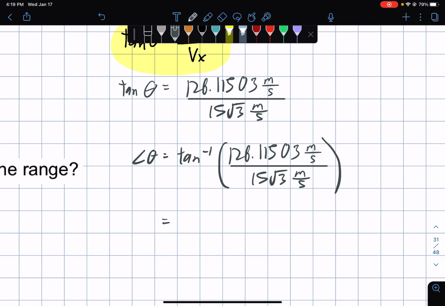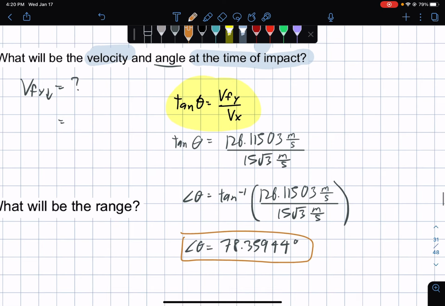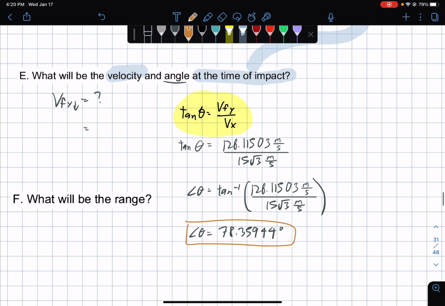So, what does the calculator say? We have 78.35944. And then since this is an angle, I believe these meters per second units cancel, so we put a degrees sign. So it's 78.35944 degrees.